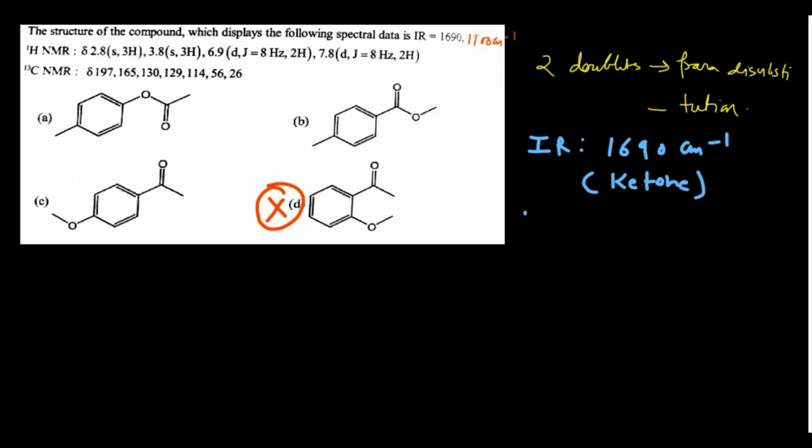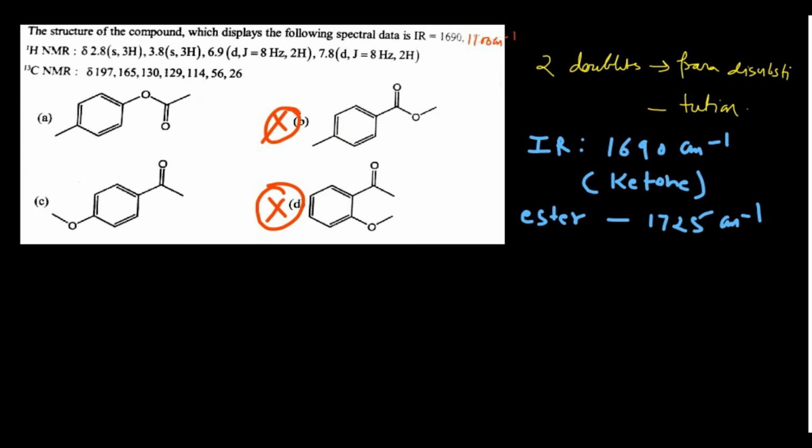If it was an ester, then it would have a value of 1725 centimeter inverse. Now you can check here. This is your ester, but IR is not supporting this ester, so you can discard this option also.